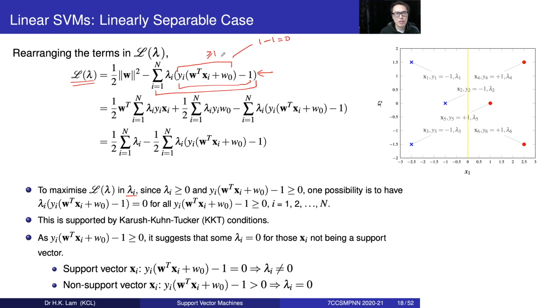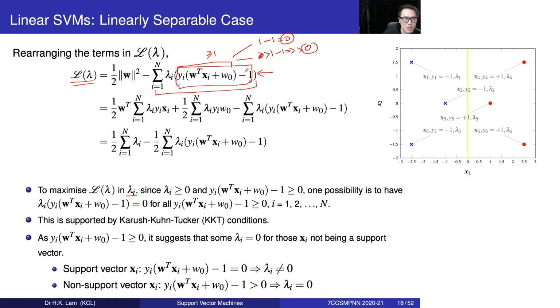Another case is that it is greater than 1, so minus 1 will give you a value greater than 0. So this term is either 0 or greater than 0, and will not be less than 0 if the samples can be correctly classified.